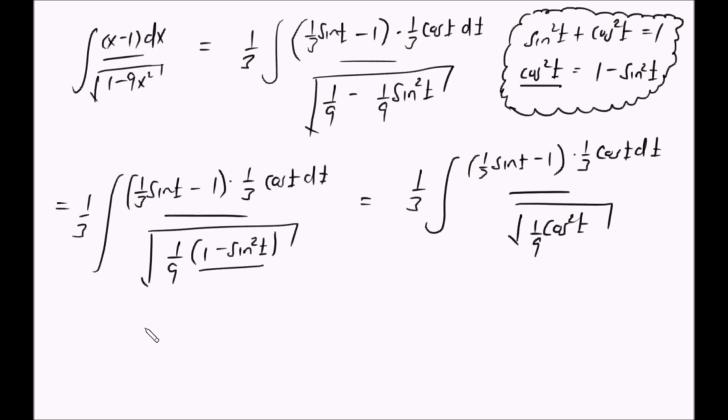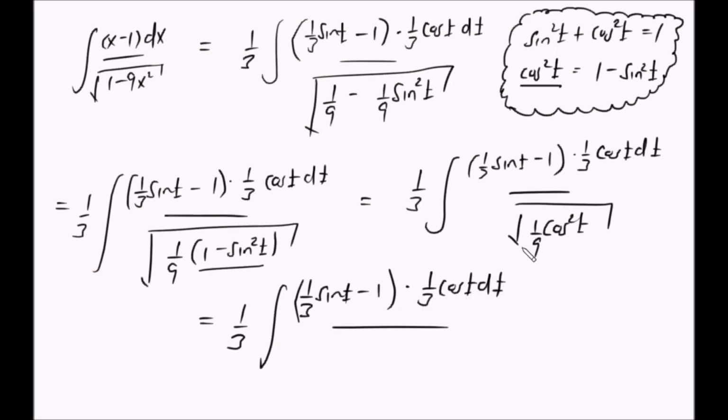So square root yake itakuwa ni 1 over 3 sin t minus 1 times 1 over 3 cos t dt over, so square root ya 1 over 9 ni 1 over 3 na square root ya cos squared t ni cos t. So 1 over 3 cos t, 1 over 3 cos t zinakwisha. Kwa nabaki na hii 1 over 3 iliyopo nje, na huku ndani nabaki na 1 over 3 sin t minus 1 dt.